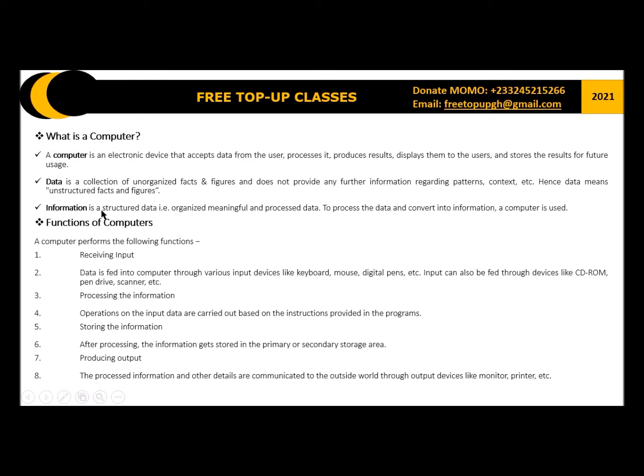If a computer doesn't process the data, you will never get information. So we now know what a computer is, what data is and what information is. All three work together.